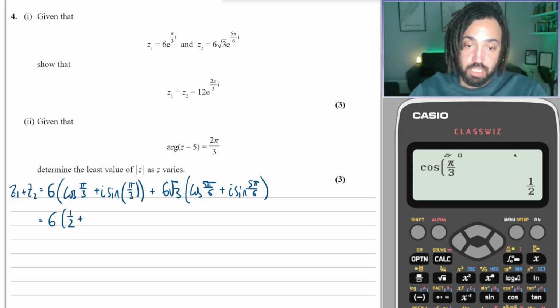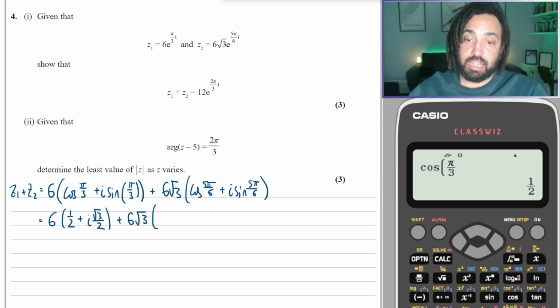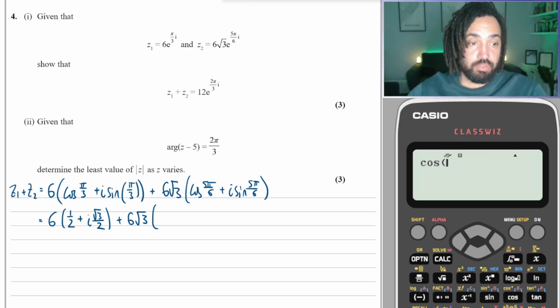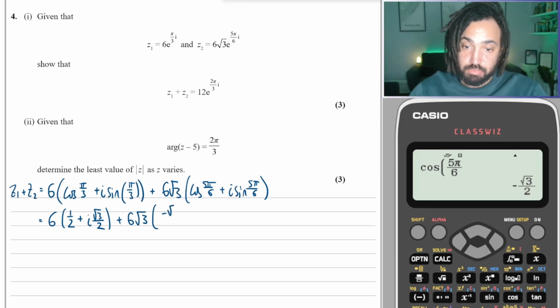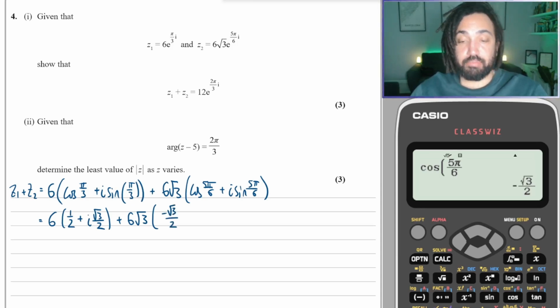So plus i root 3 over 2. And then we have 6 root 3. And we're doing cos of 5 pi over 6, which is minus root 3 over 2.